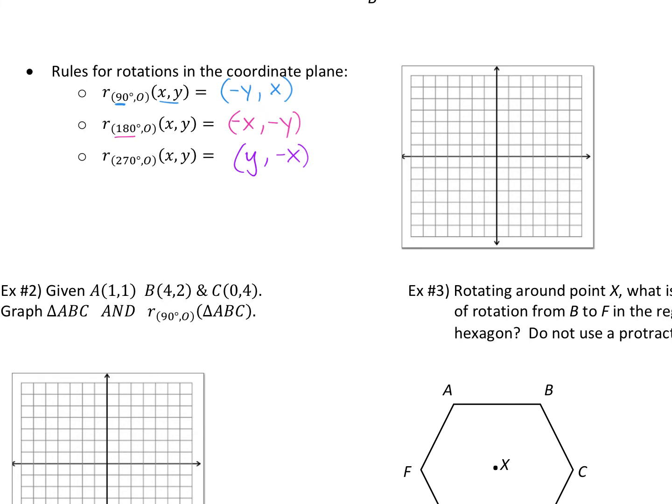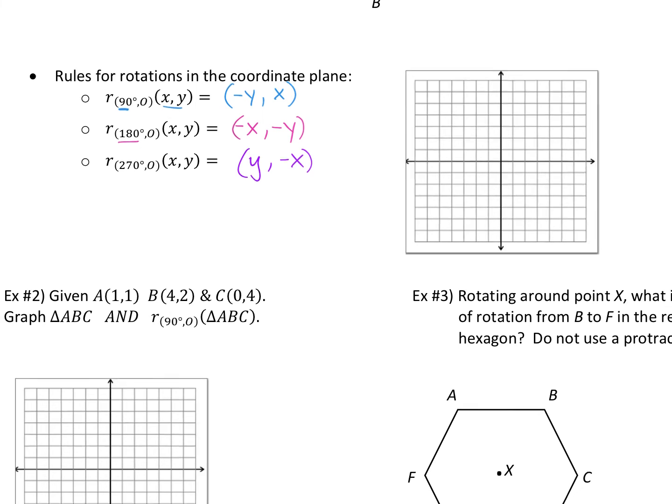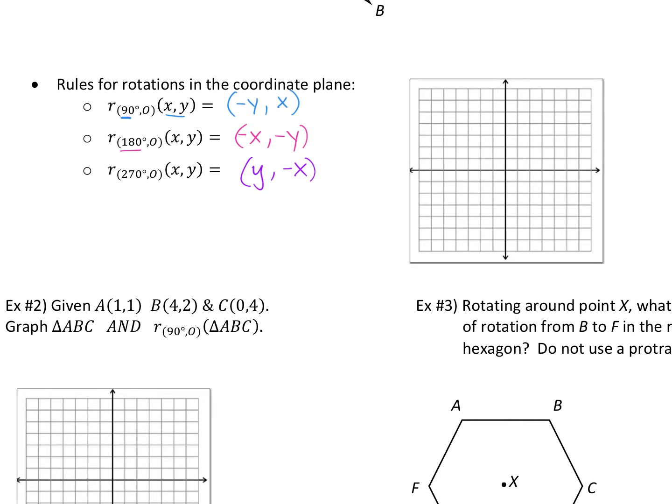Let's say you start with the point 4, 2. 1, 2, 3, 4, 1, 2. Okay, we're going to call that G. Okay, so here's the deal. G right now is the point 4, 2. If I want to rotate G 90 degrees, it now will become the opposite of my Y value.